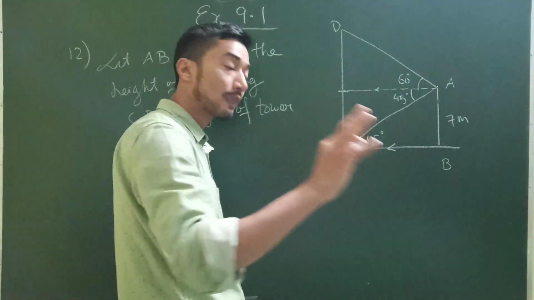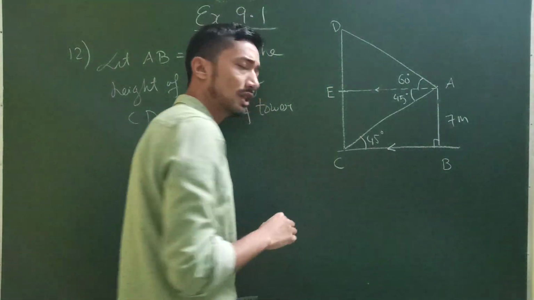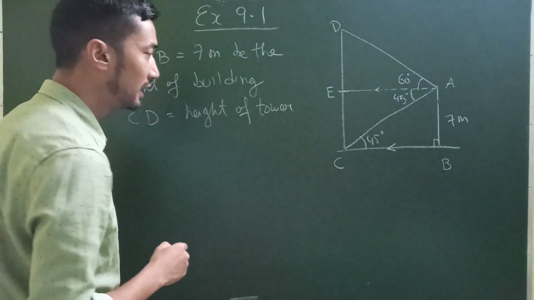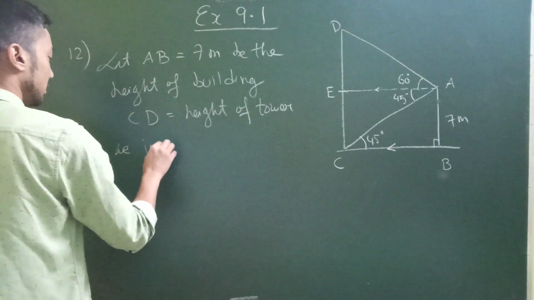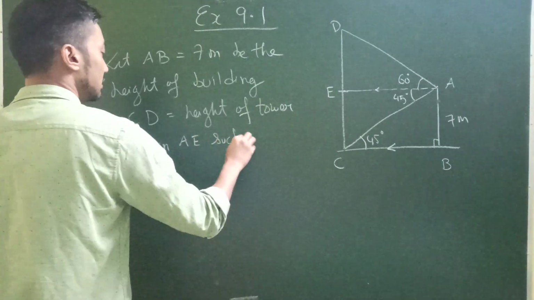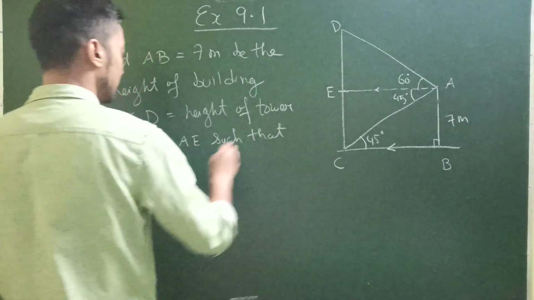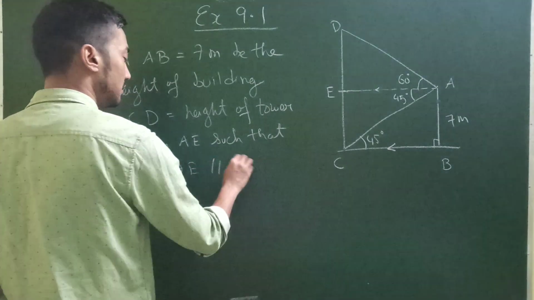Alternate interior angles. So let's name this point E. Let's join AE such that AE is parallel to BC.